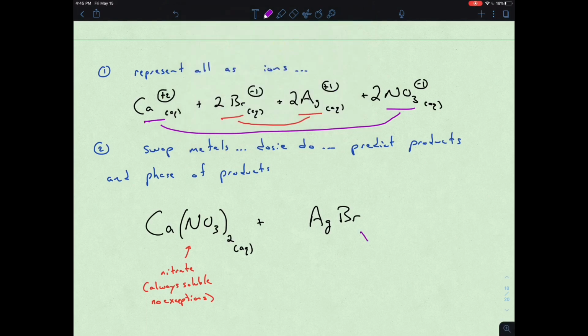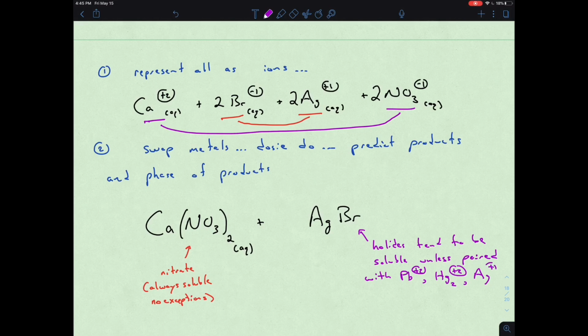And then we have halides, which tend to be soluble unless paired with lead +2, mercurous ion +2, and silver +1.